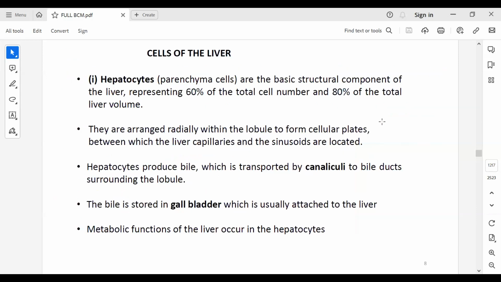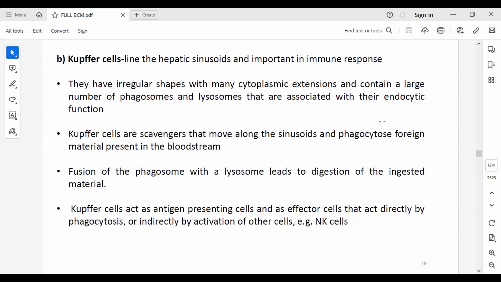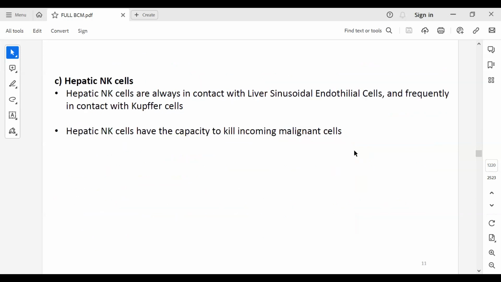So hepatocytes we already know, which are our hepatic cells, then liver sinusoids, and Kupffer cells, which are part of the immune system of the liver.